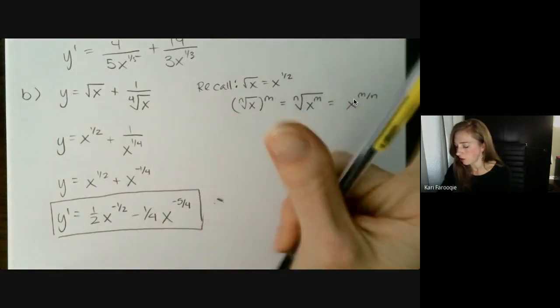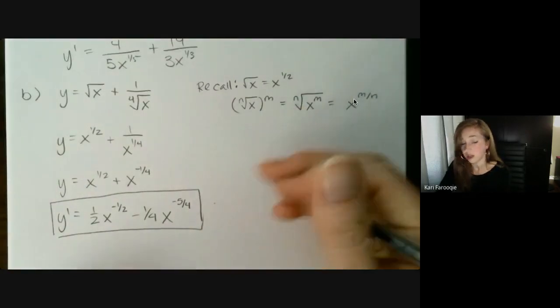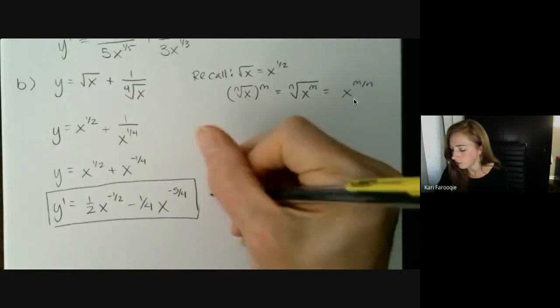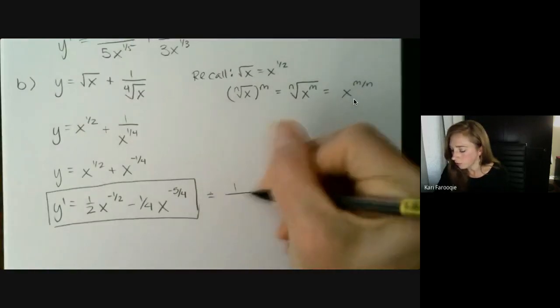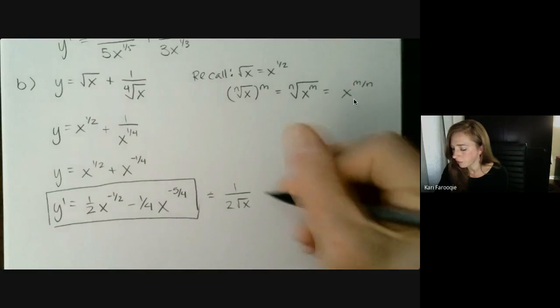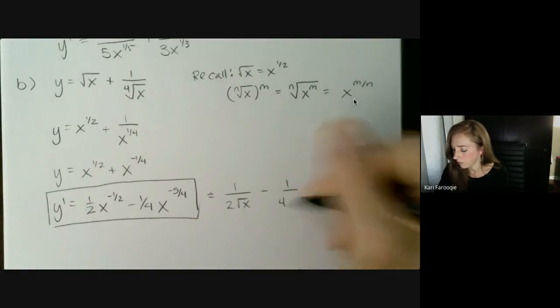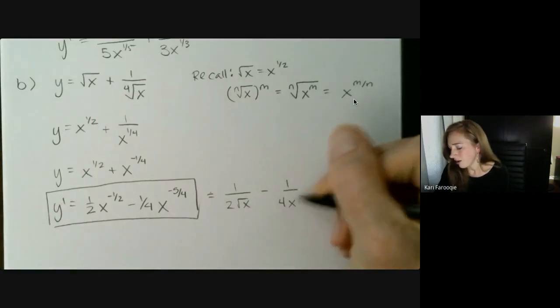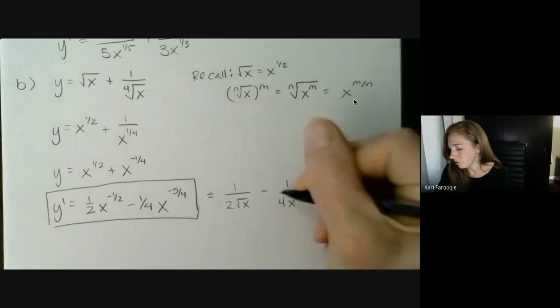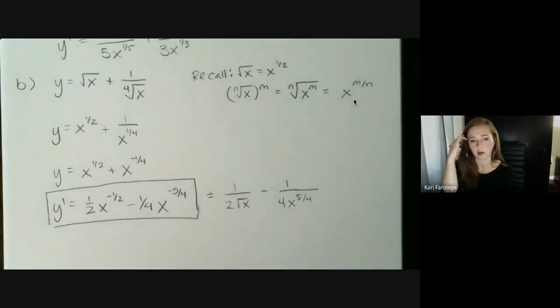If you want to write it with positive exponents, we can even convert this back to radicals if you want to. It would look like this. Technically, I feel like I should remind you guys of a property right now, because I think it'll help you if you're going through the book and you're trying to compare your answers and you're like, how did they get that?